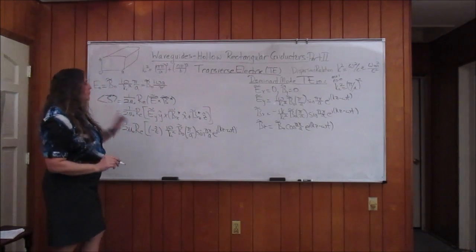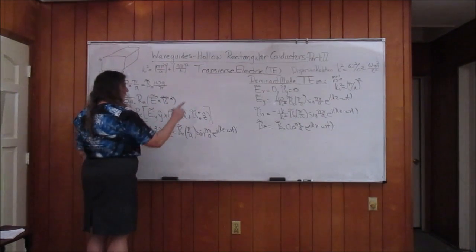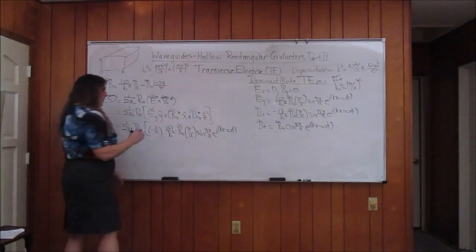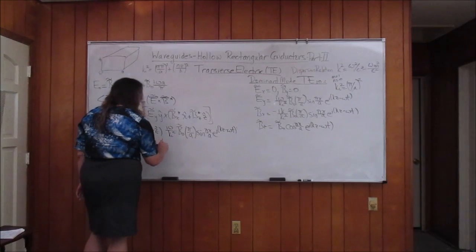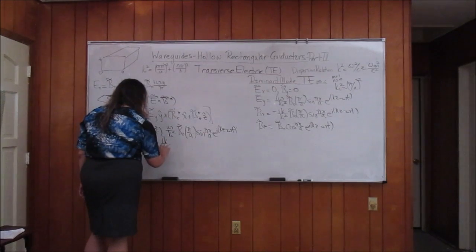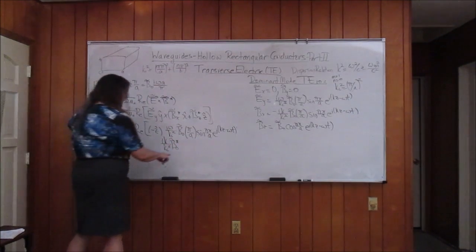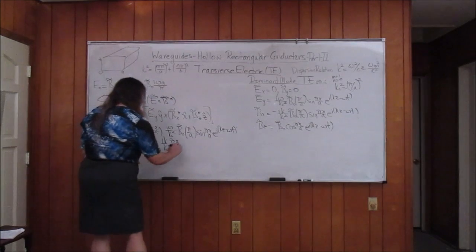And now for the x component, take the complex conjugate of that, minus i is actually just going to become i. kc squared. The complex conjugate of the amplitude being out there.